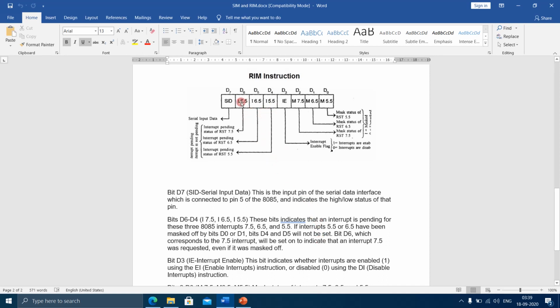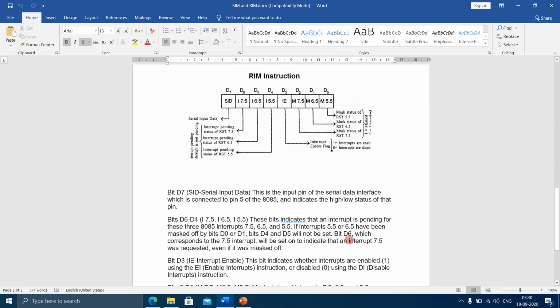Bit D6, which corresponds to the 7.5 interrupt, RST 7.5 interrupt, will be 1 even if this D2 bit is ignored. It will show pending even if it is ignored.